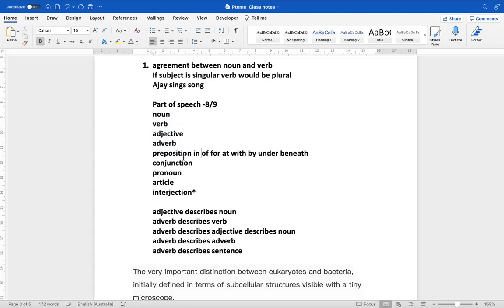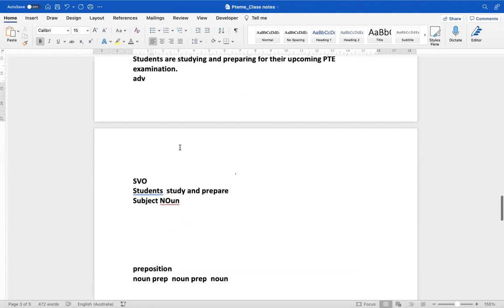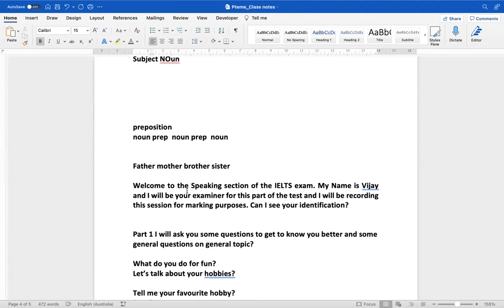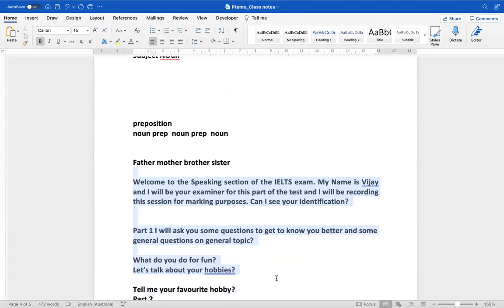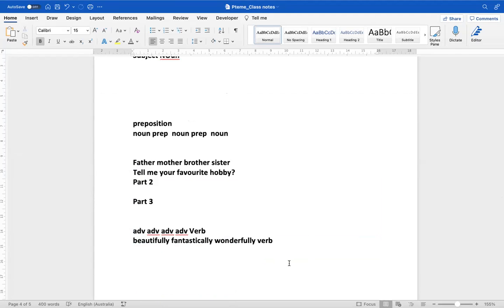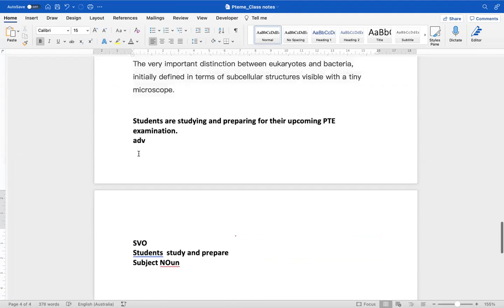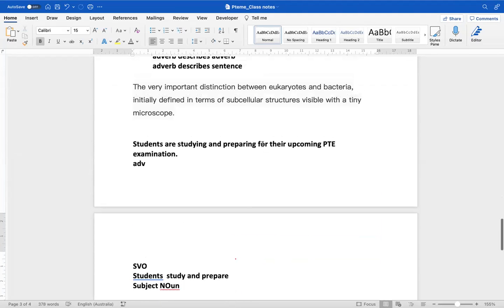And what is the importance of a preposition? A preposition connects to nouns. We already discussed that a preposition comes before a noun. So here is an example. For is a preposition.